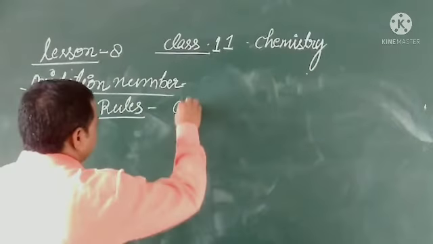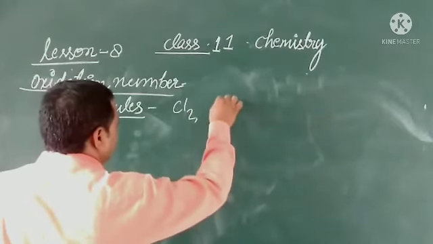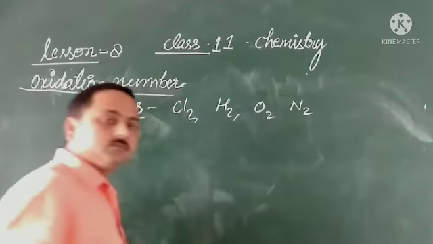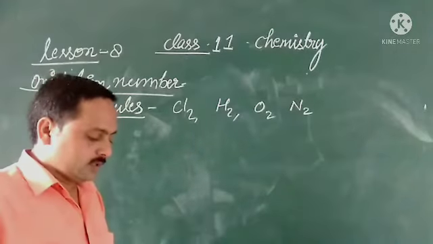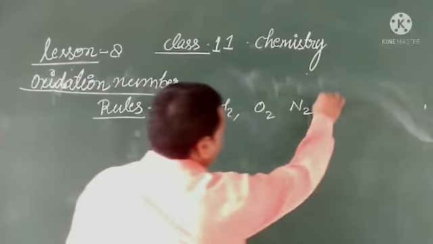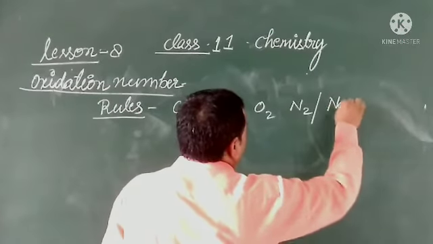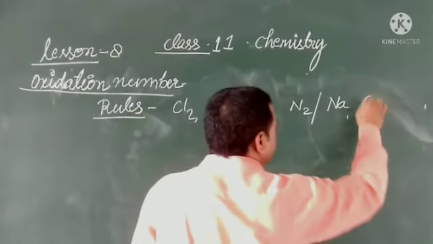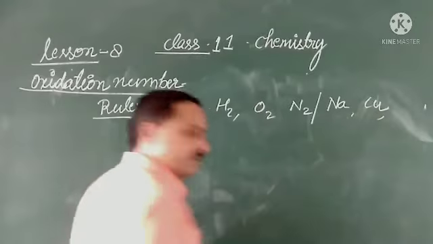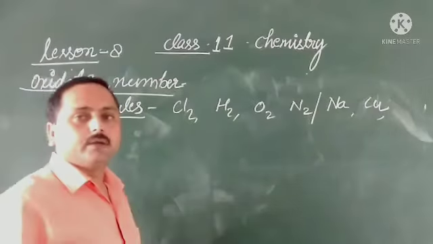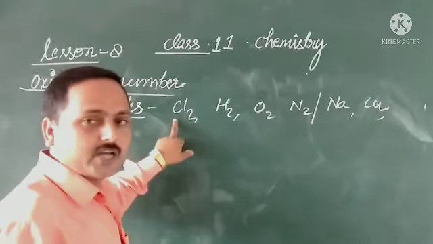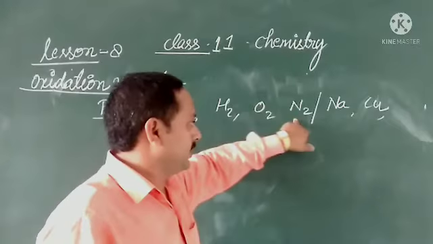That is, if I write Cl2, H2, O2, these are in free state. Or we can write other atoms also, like Na, which is also in free state. An element may be diatomic or monatomic. Cl2 is diatomic, Na is monatomic.